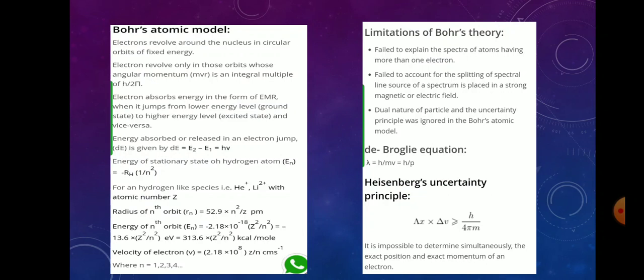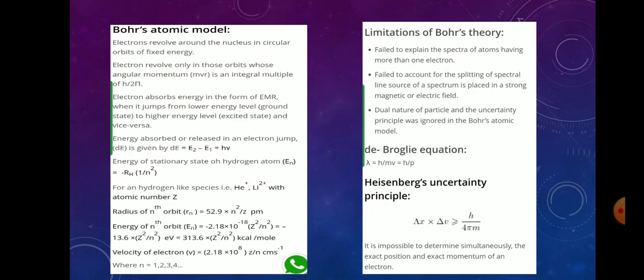Energy absorbed or released in an electron jump is given by delta E is equal to E2 minus E1 is equal to h nu.